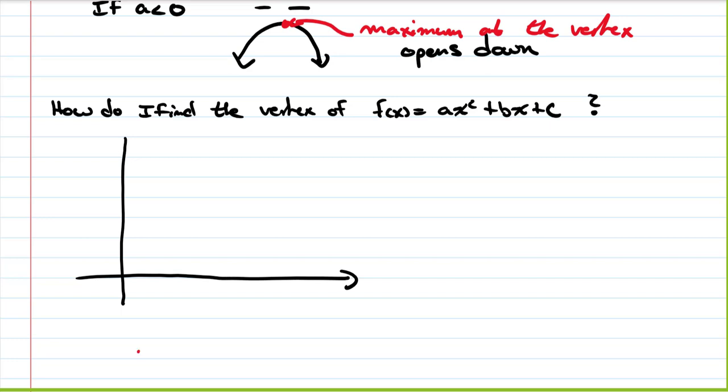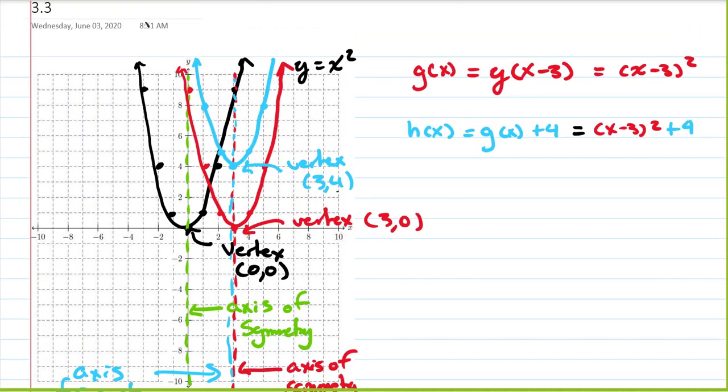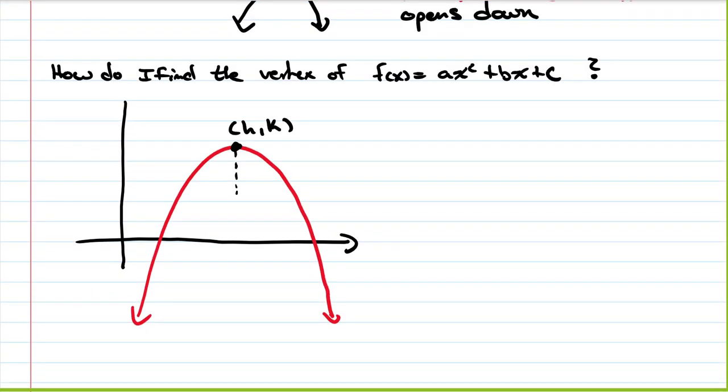So I'm going to draw a parabola, and the point we are trying to find is the vertex, which we have named h comma k. We know from our diagrams that we drew up here that the vertex contains a vertical line that is the axis of symmetry.